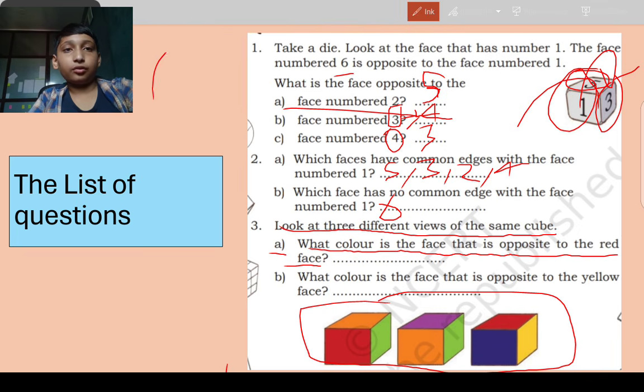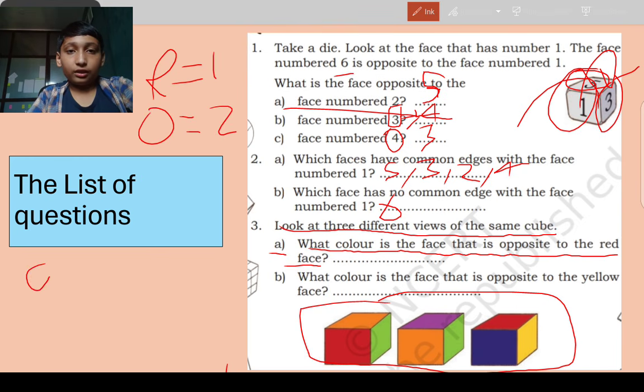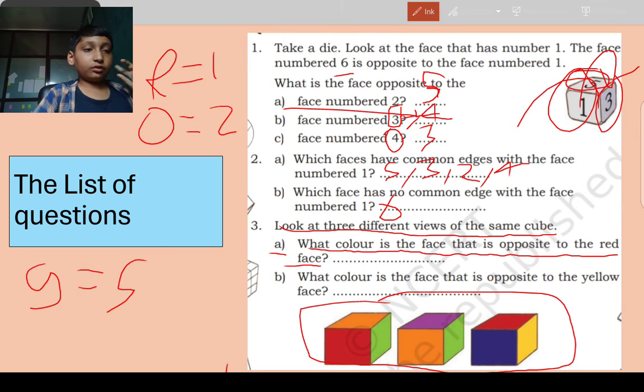Let's assume that red is equal to 1, and then orange is equal to 2, and then green is equal to 5. So you can see that red is here, so they share a boundary, and also with orange, and then also with purple.